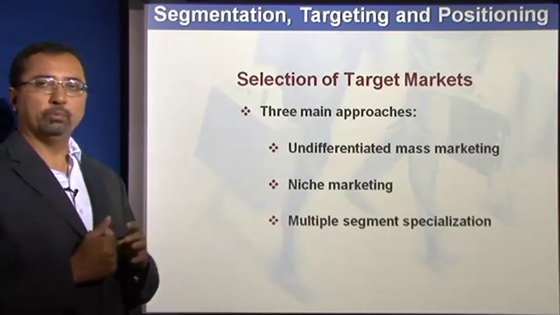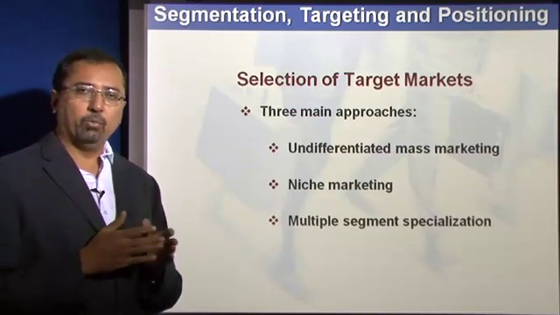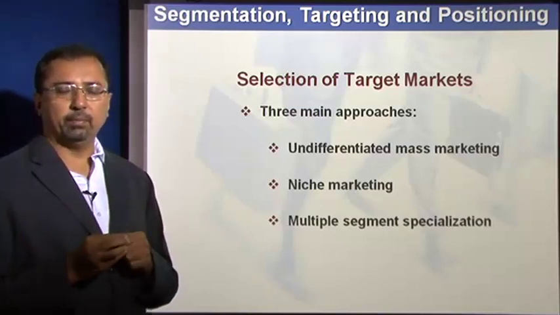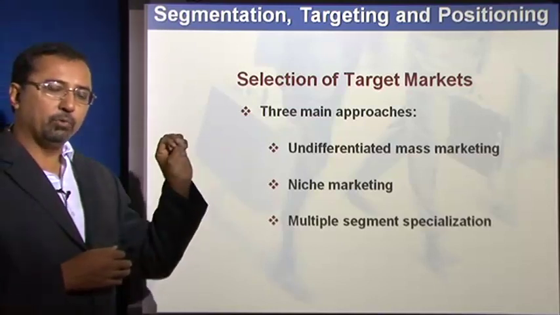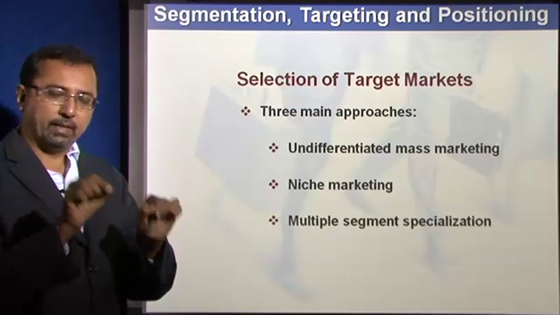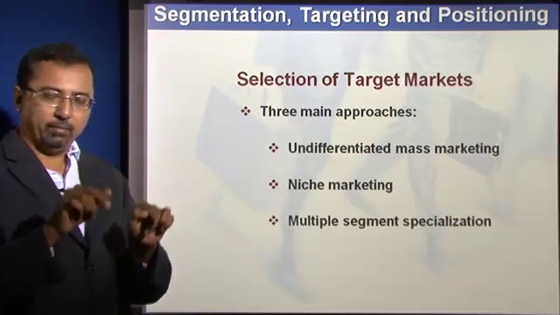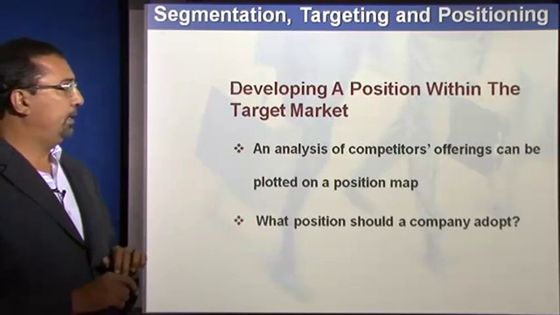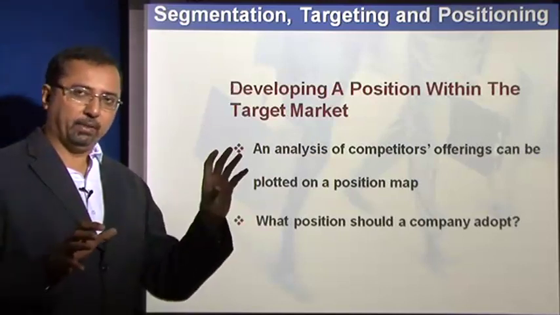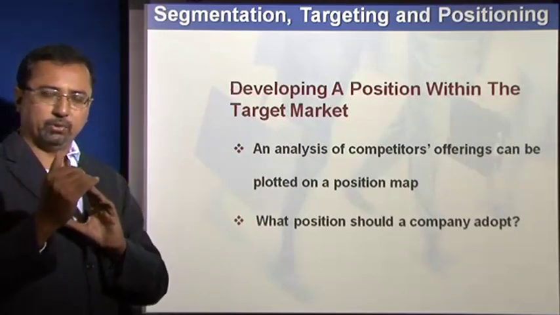Now it's up to us as marketers to say, where is it we want to play a role, which segments do we want to attack, and why. So that determines how you target the various segments that are, A, available out there, and B, that you choose. Once you do the segmentation, then you decide which ones to target.